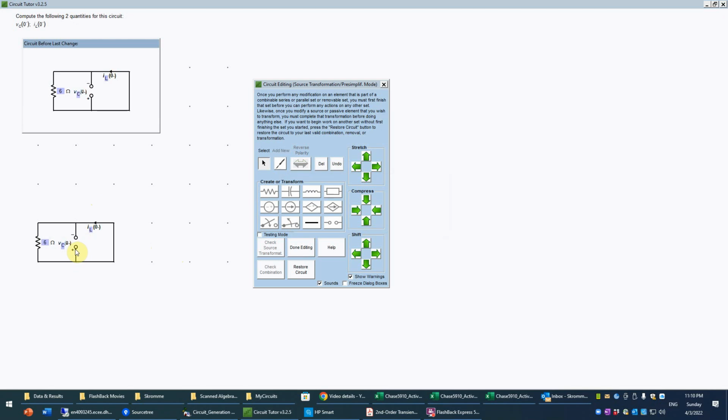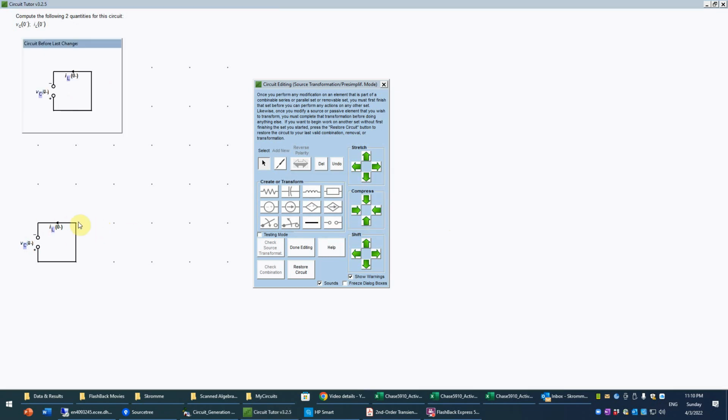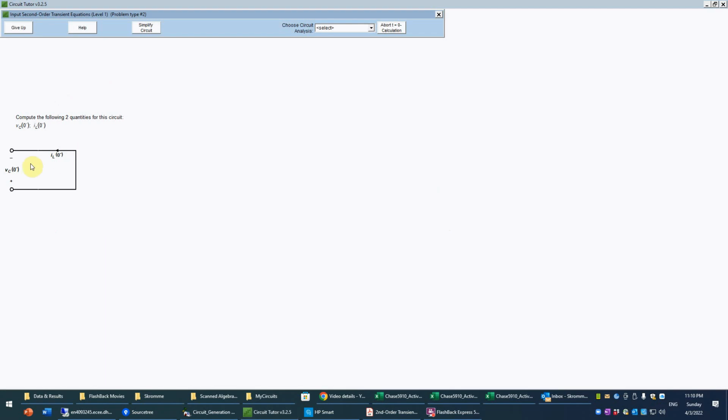Okay, I guess I could also remove this resistor since it's shorted by the inductor, so I may as well do that too. And now we're done. Obviously we have no sources in this circuit now, and there's no path for current to exist, so the results will be quite trivial.